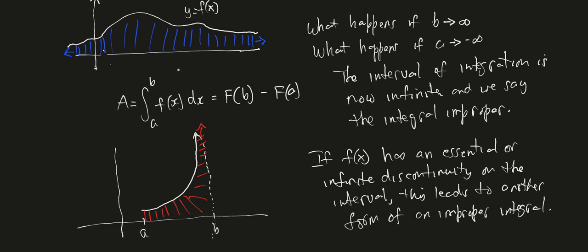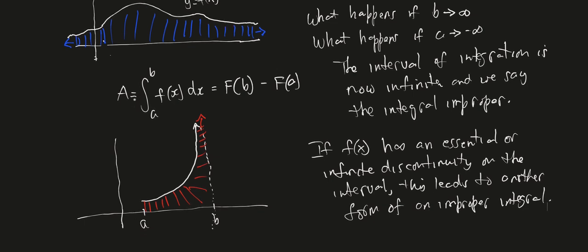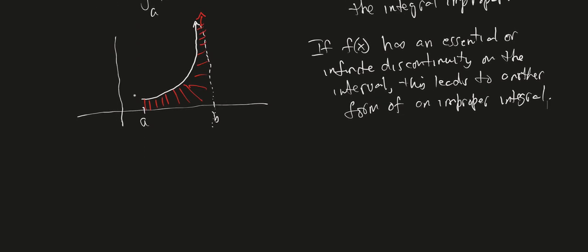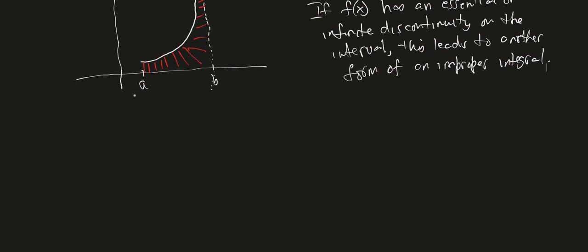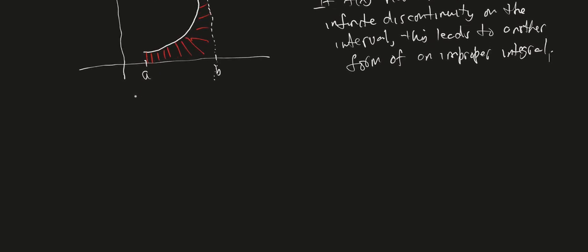All right. So what we're going to focus on in this video is the first type, where the lower or upper limits are infinite. And what we're going to do is write down the definition and then do a couple examples. And they even have a name.